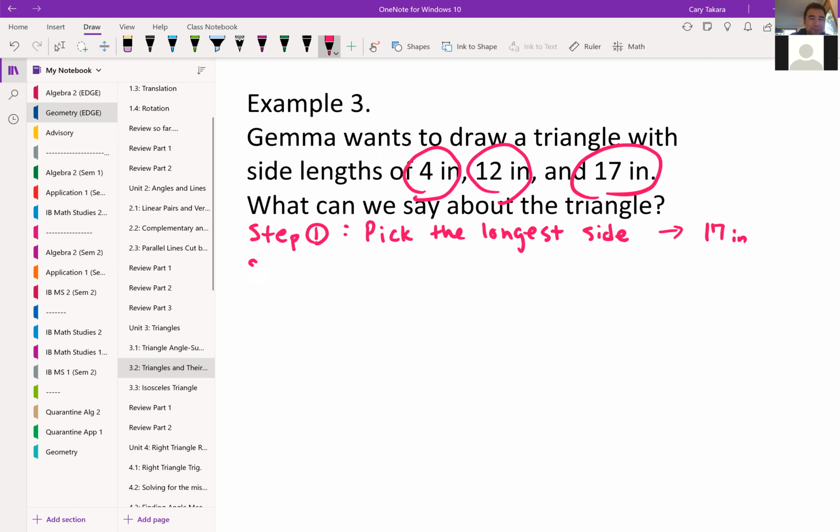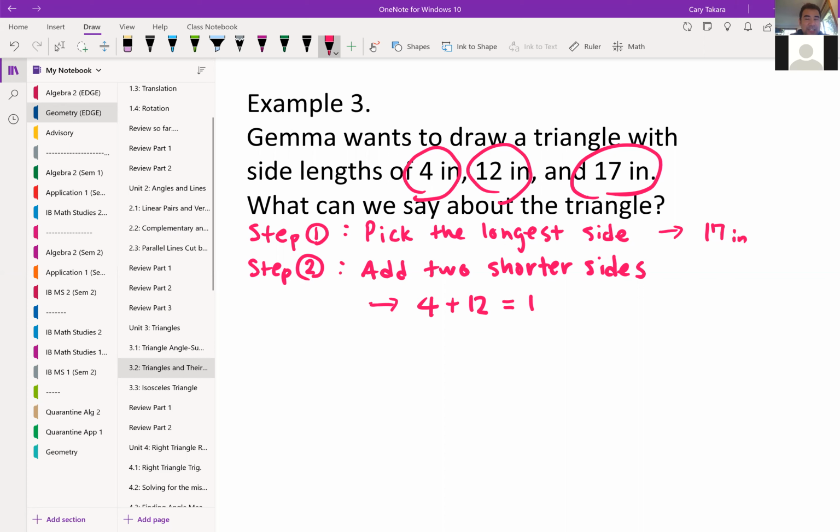Step 2, you're going to add the 2 shorter sides. You're going to add them. So you're going to do 4 plus 12, which is 16.